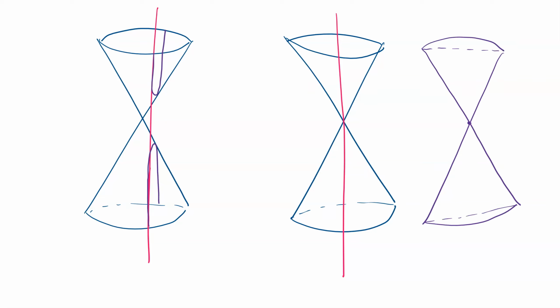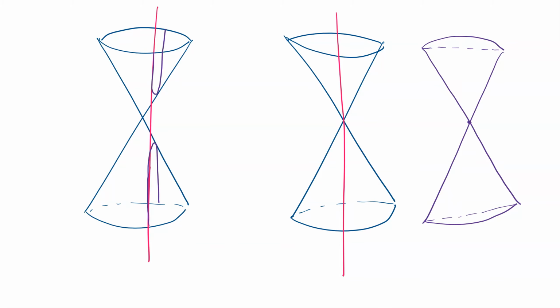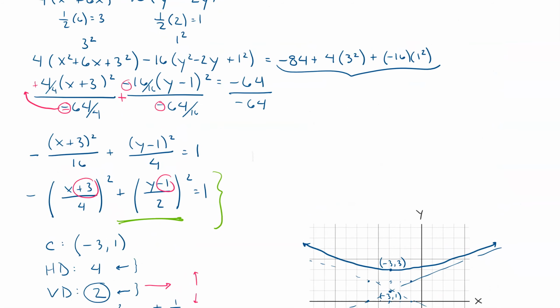This is what happens when a hyperbola degenerates. A hyperbola degenerates when the squared terms add together to equal 0. And a hyperbola degenerates into 2 intersecting lines that would have been the asymptotes, except now they're solid because the hyperbola itself has degenerated. Let's go back to the equation we just worked on.